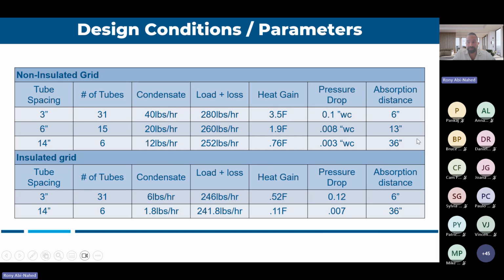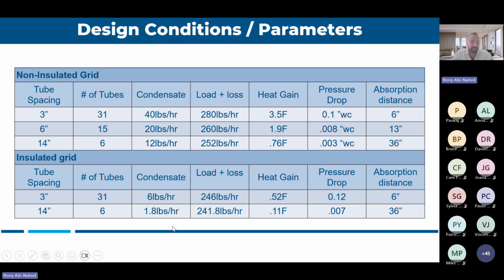Now, if I take the same job, but I insulate my grid, at 36 inches I still need 6 tubes, but now instead of condensing 12 pounds per hour, I'm condensing only 1.8 pounds per hour. And again, this presentation is not sales, so I'm not mentioning brands, but what I'm showing you here, it's obvious coming from our side. The 1.8, that's 85%.